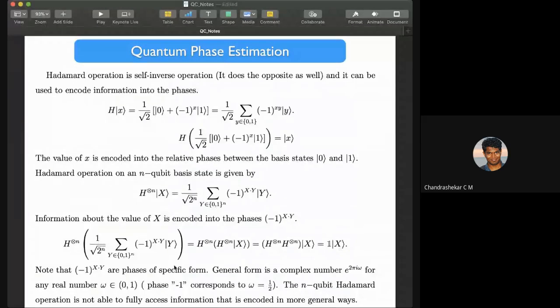Using an n qubit Hadamard operation, you can't get a general phase estimation. You can get a phase estimation of only minus or plus sign. Okay, so there is an algorithm, the quantum phase estimation algorithm, which can estimate any value of omega. But then you can't use Hadamard alone. With Hadamard you can, but that becomes more and more complicated.